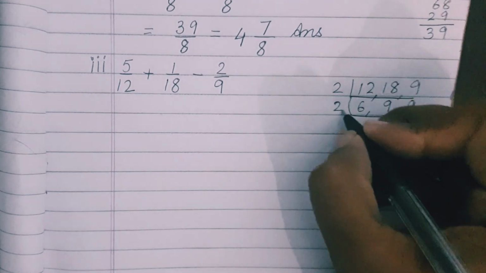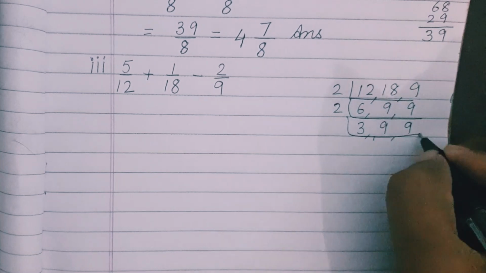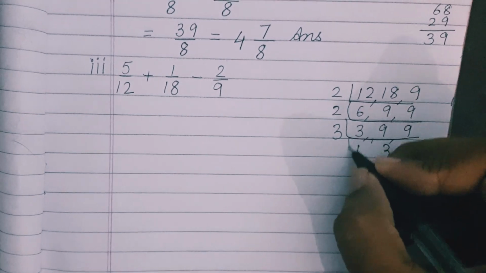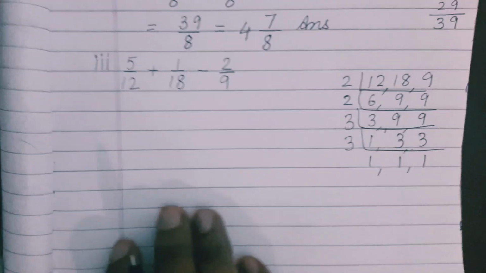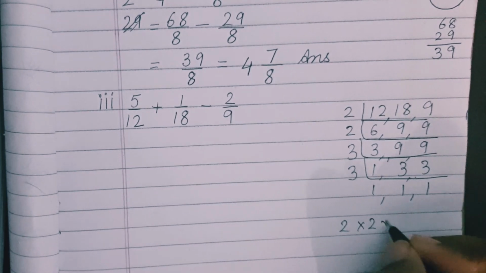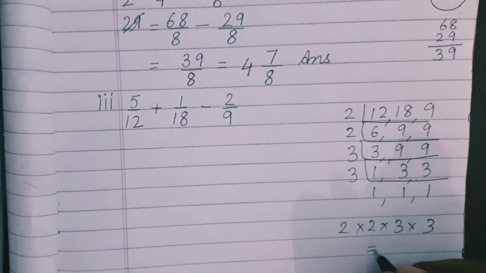Here again 2, 3, 9, 9. Then it will go with 3 1s are 3 and 3. Then again 3 1s are 1, 1, 1. Now here you can see the LCM will be 2 into 2 into 3 into 3, that is 2 2s are 4, 4 3s are 12, 12 3s are 36.